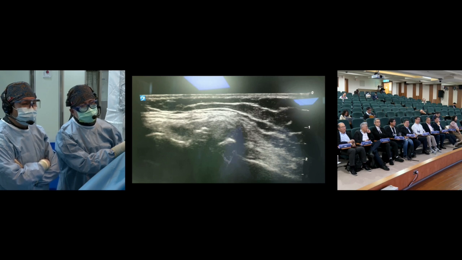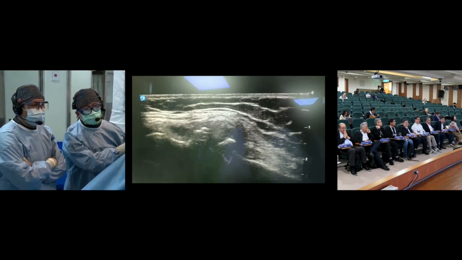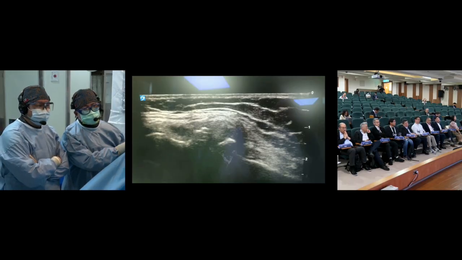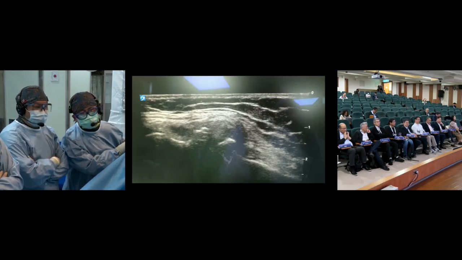So we may try to treat the OA of both knees. Today she told me the left knee is more painful, so we shifted to treat the left knee first. And can we see the picture we just checked later?